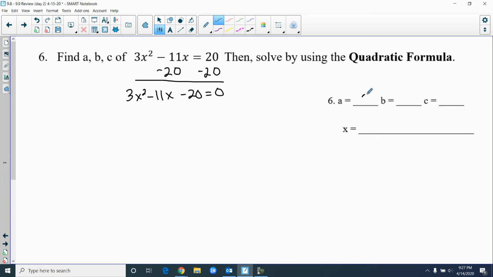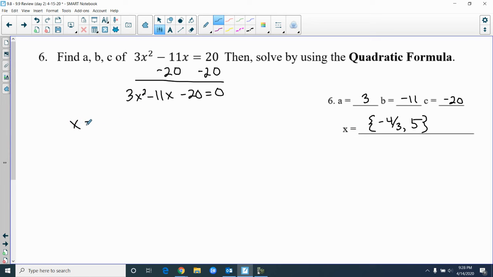So that means A is 3, B is negative 11, C is negative 20. The answers to this one happen to be negative 4/3 and 5. Well, that's like negative 1.3 repeating, so if you have that as a decimal, that's the same, but I want you to keep it as a fraction.